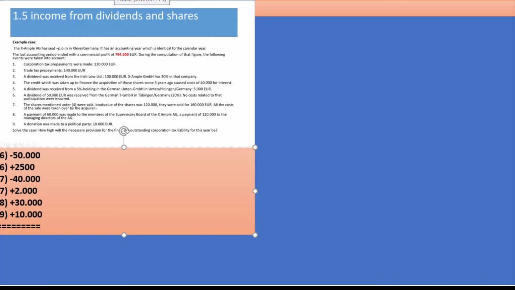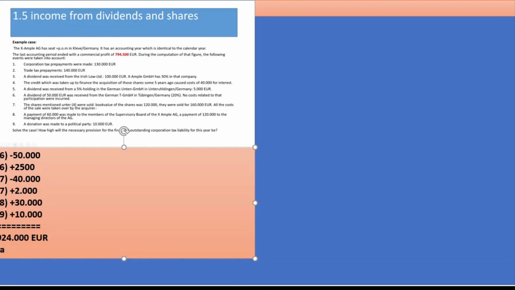Let's have a look to a calculator and try to calculate. And that seems to end up with, I hope at least that's correct, 924,000 euro. Then the tax would be 15%. I hope it's correct. So that would lead to 138,600 euro as tax.